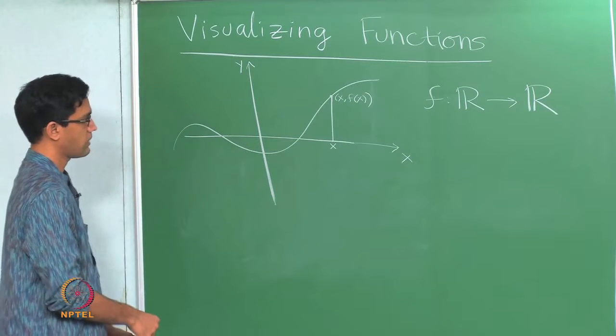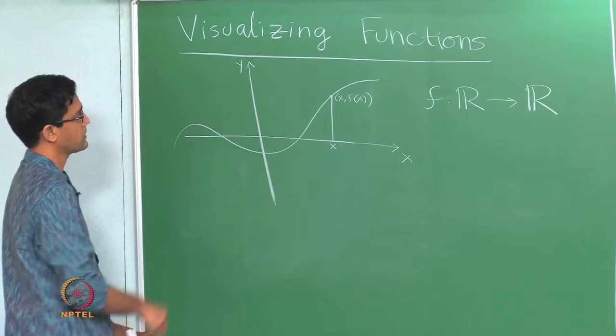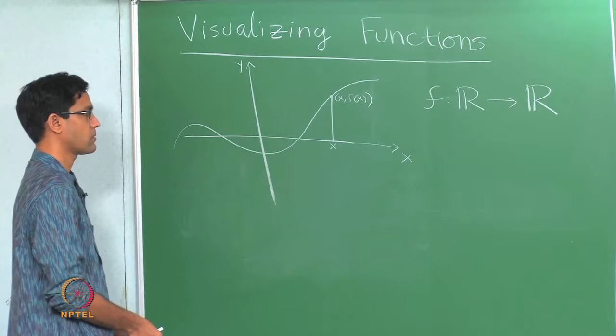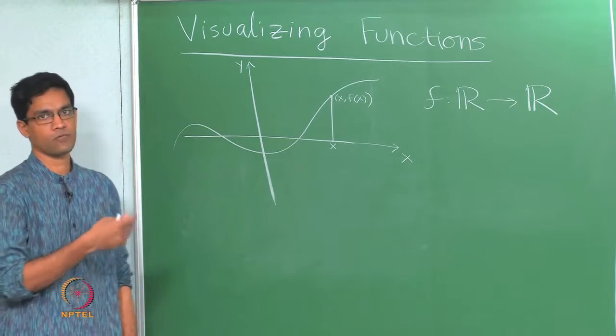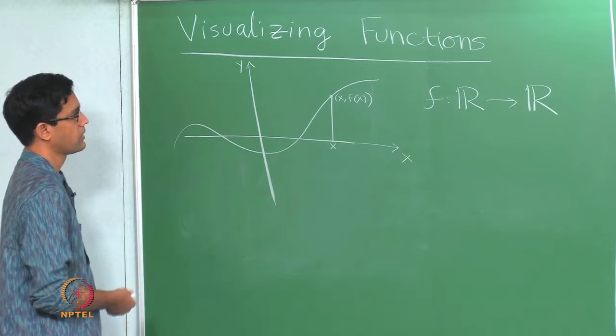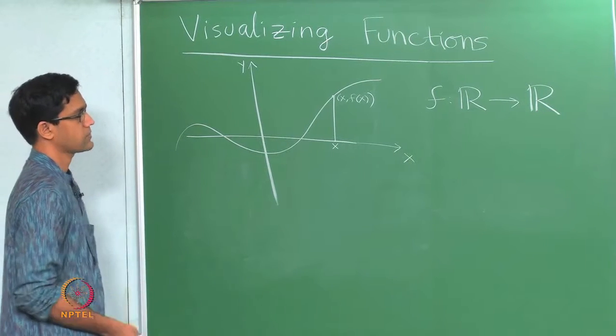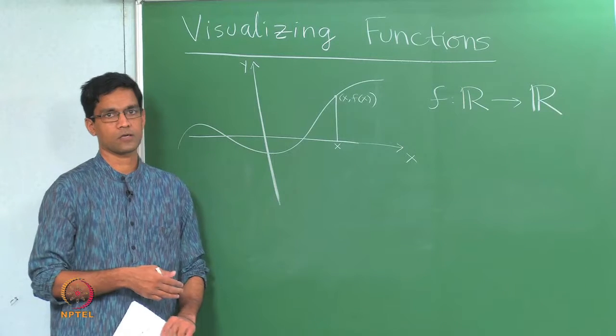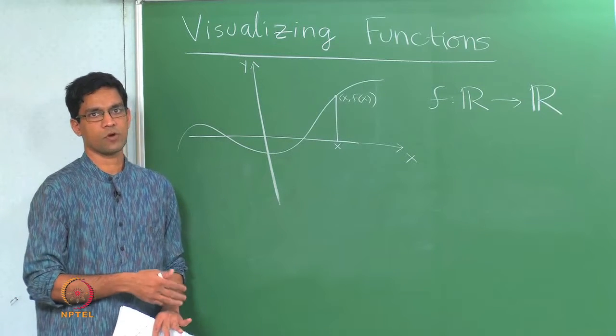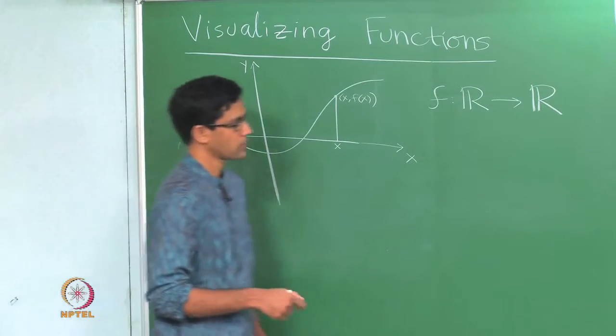And what I would like to mean by visualizing functions is how do you do something similar for functions which are not defined on R to R, for instance, but rather functions which are defined on the plane, which is what we usually denote as R2.